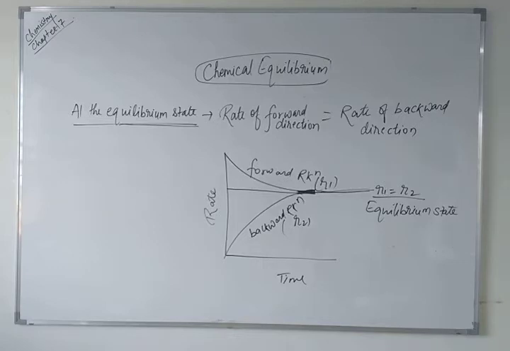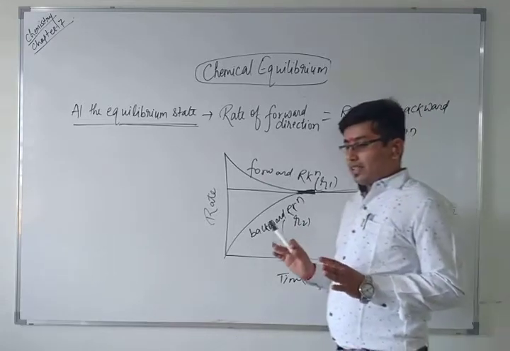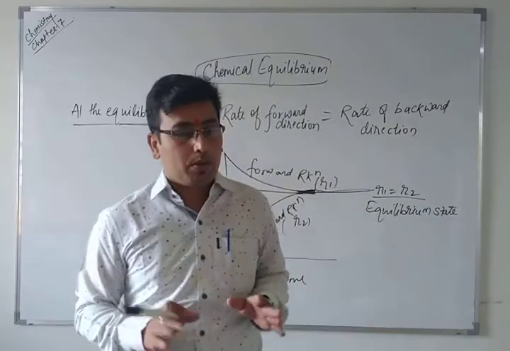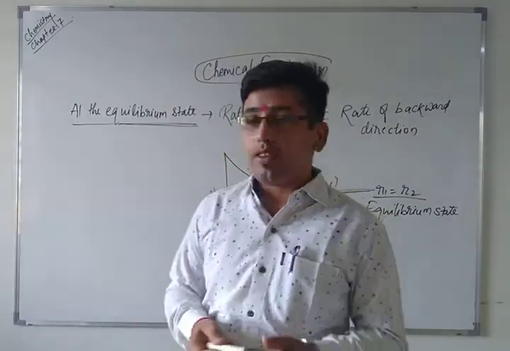Homogeneous equilibrium is the equilibrium in which the reactants and products are in the same phase. Heterogeneous equilibrium is the equilibrium in which the reactants and products are in two or more phases. So these are the characteristics of the equilibrium. Hope you have understood the properties and characteristics of the equilibrium.